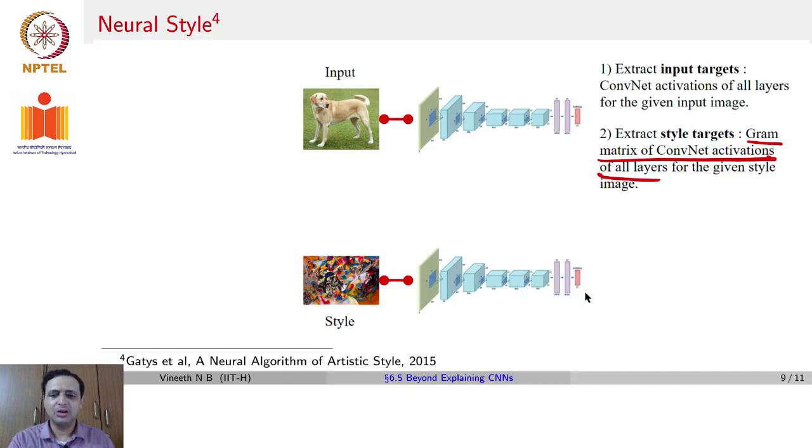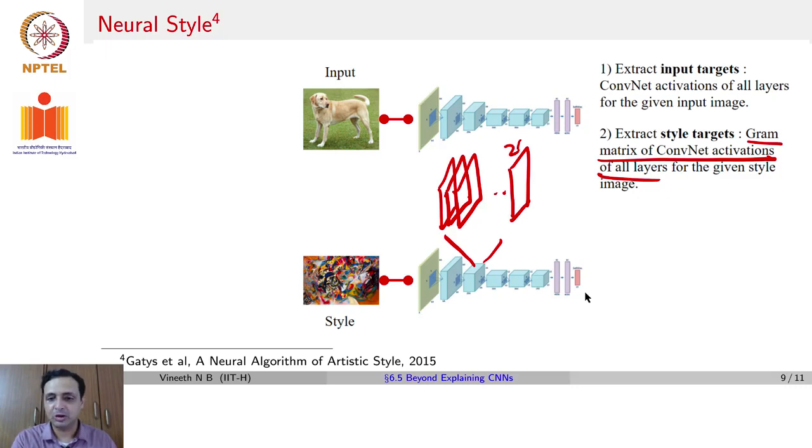What does that mean? So if you take a particular layer here, remember this is composed of a set of feature maps. So you have a volume of different set of feature maps. Now each feature map could be say 20 cross 20 dimensions as an example. Now what we do here is to linearize or rasterize this entire feature map into a 400 dimensional vector.